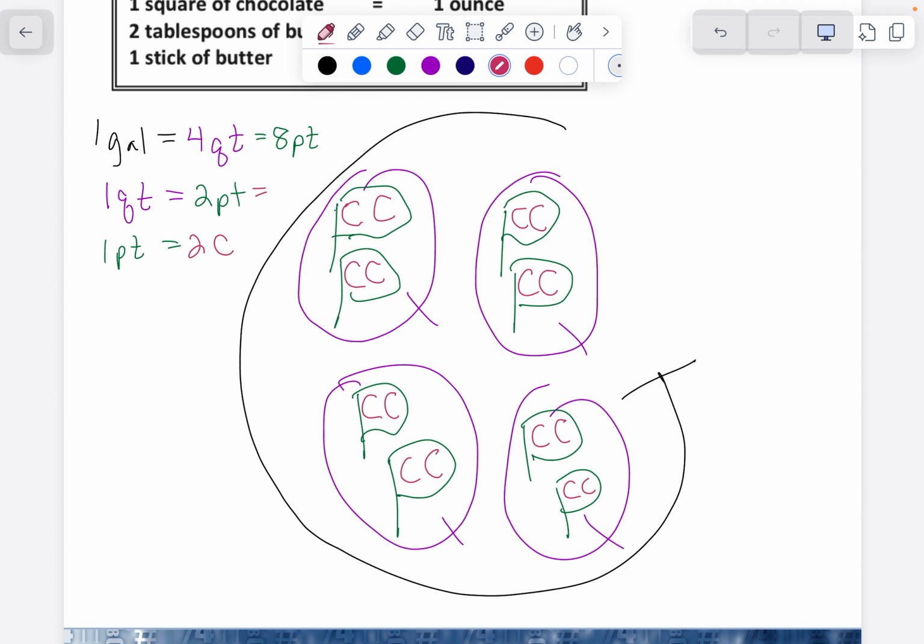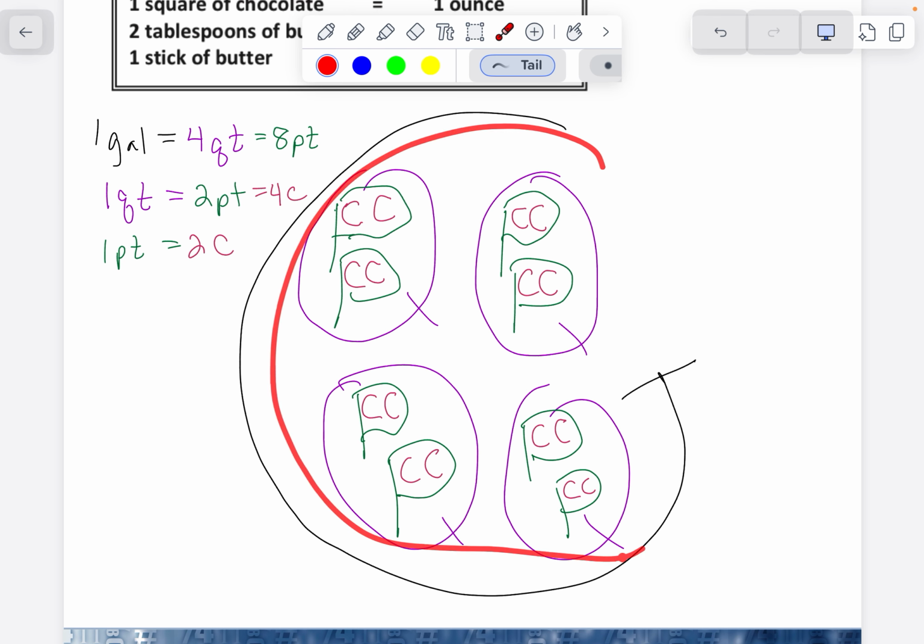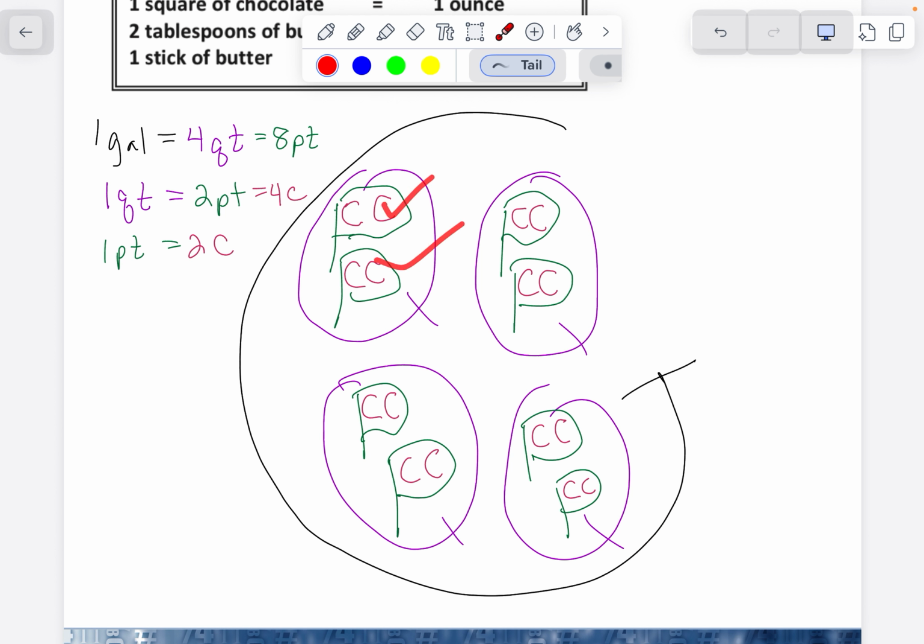And if we go all the way to the entire gallon, 2, 4, 6, 8, 10, 12, 14, 16, that is 16 cups. And then lastly, inside of every cup, put the number 8. If my pencil will cooperate here, just a second. Let's try again.